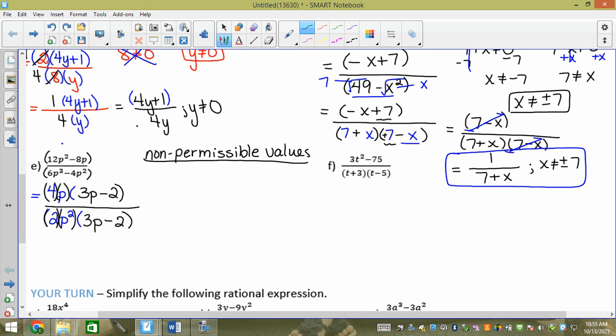I write non-permissible values because NPVs isn't like a set. This is what that curriculum states is non-permissible values.